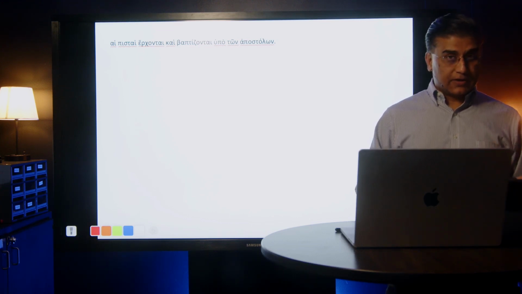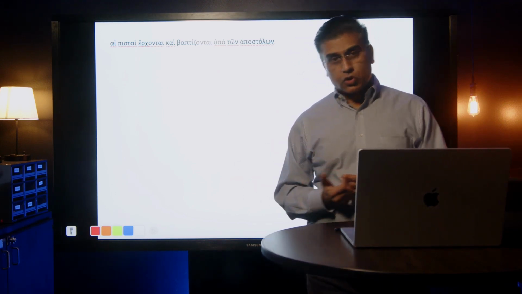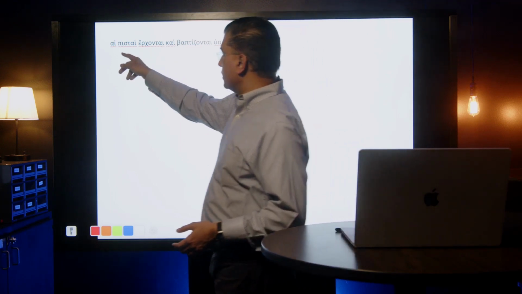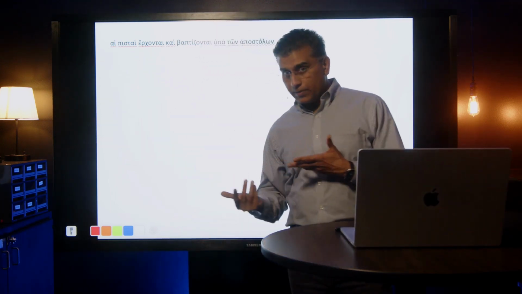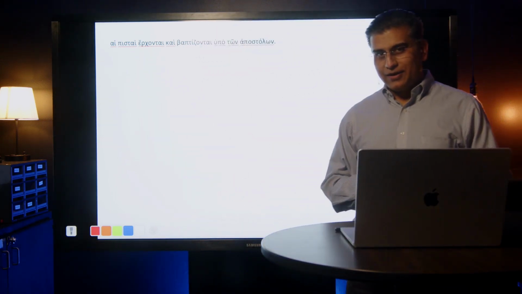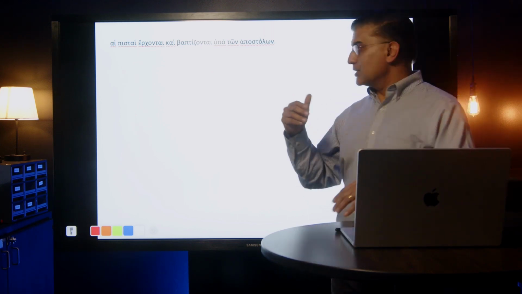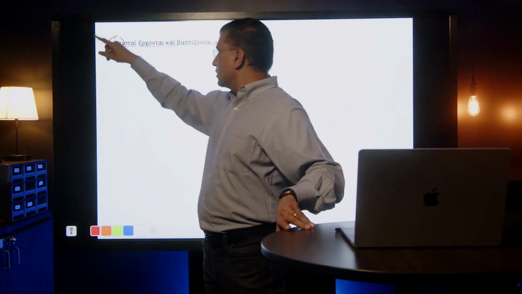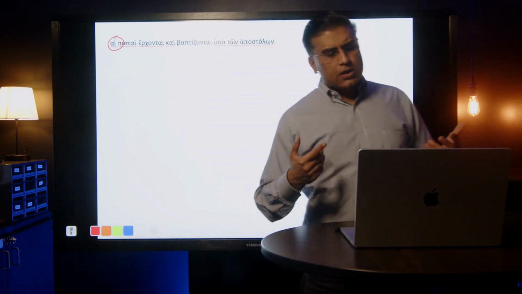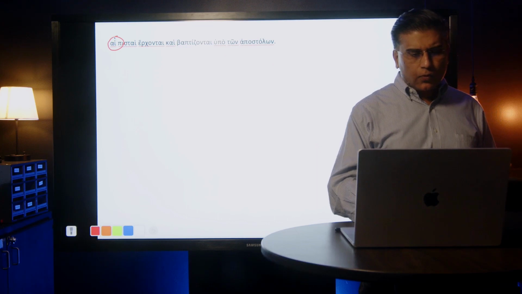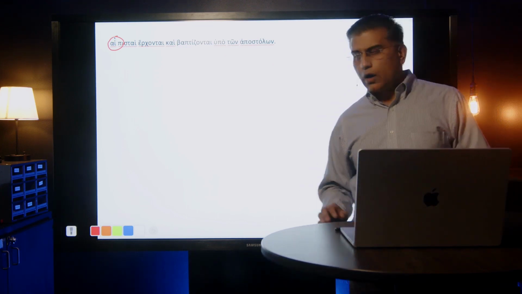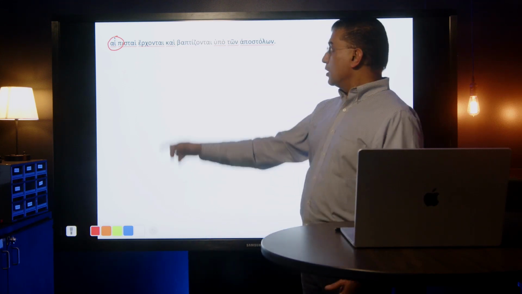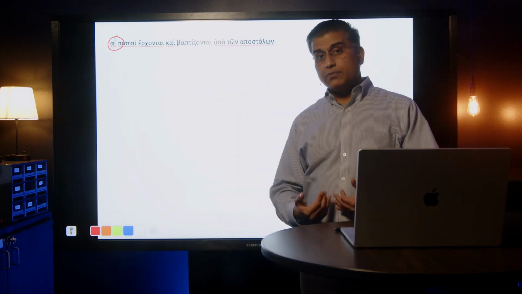So hai pistai, that's your feminine. So the faithful women. Hai pistai, faithful women. I hope you understand that. Hoi is for masculine. Hai is for feminine. So the faithful women are coming and are being baptized.